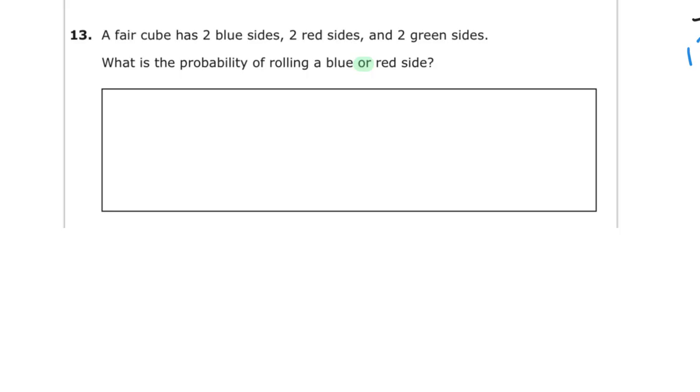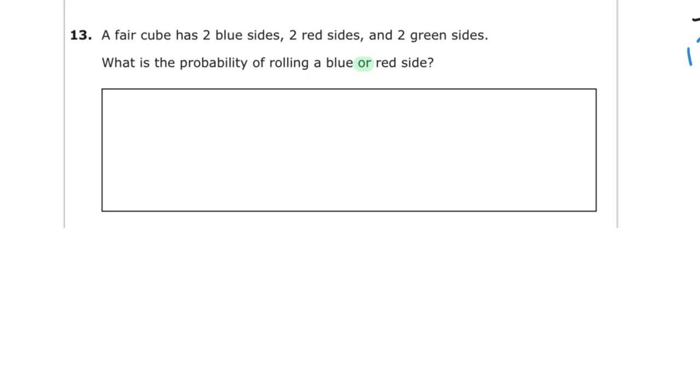However, for this situation, hopefully we can all agree that it's not possible to roll a blue side and a red side at the same time. If you're rolling a blue side, it means that you didn't roll a red side and vice versa. That's actually important to recognize, even though that seems obvious.